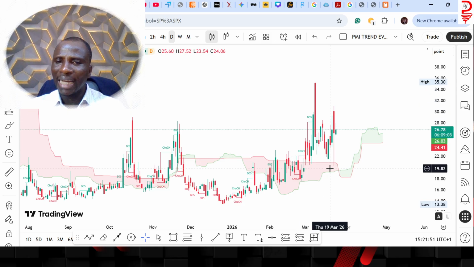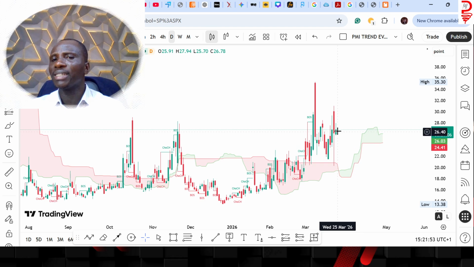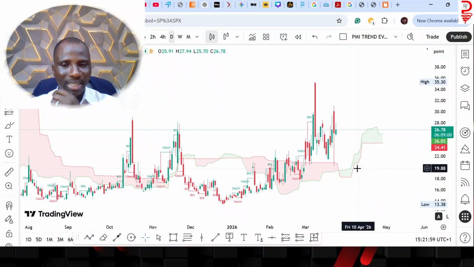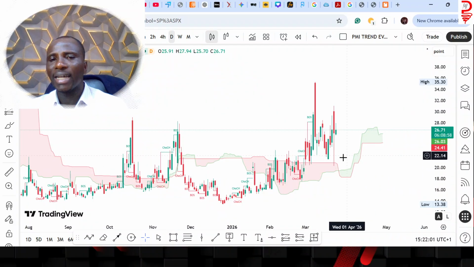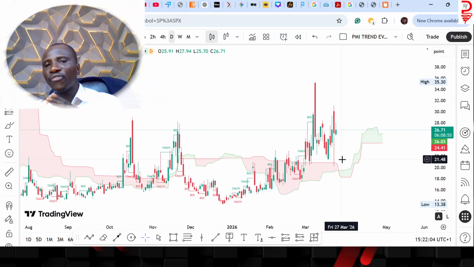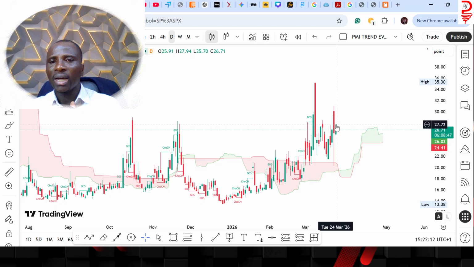It came down. Now the fear is still increasing gradually and is currently at 26.78. So based on the fear index, we can conclude that the fear is still increasing, although it's increasing gradually.